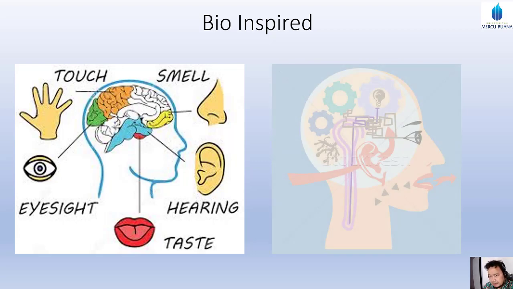We get inspiration from humans or animals that have touch, smell, eyesight, hearing, and touch, and all of these perception systems are processed in our brain. This system then inspires making a robot able to process.